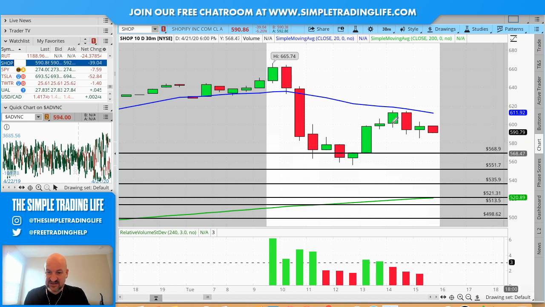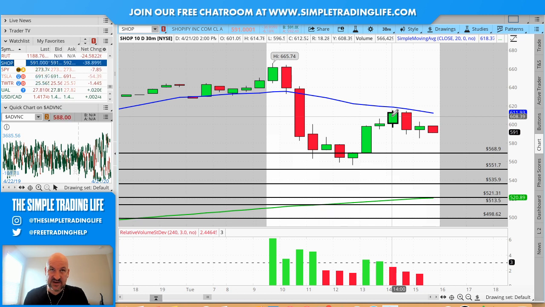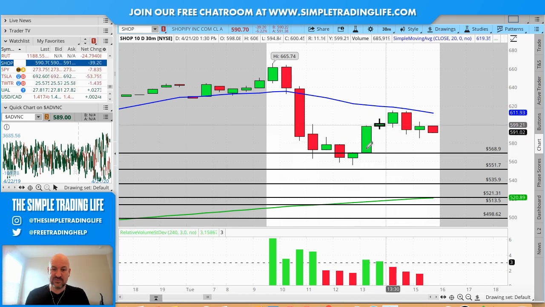Then once it started to recover, let's just take it from here. Let's call that 569 to a high of, we'll call this, 615. So 569 to 600 would be $30, and then another 15. So a $45 move right there on a relief bounce.